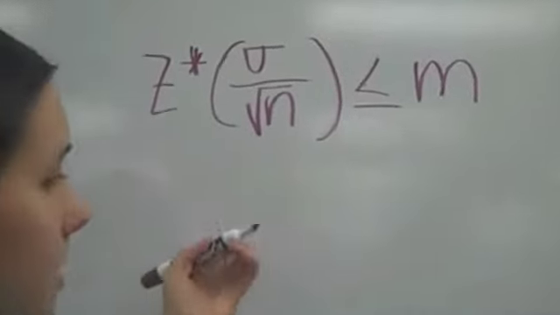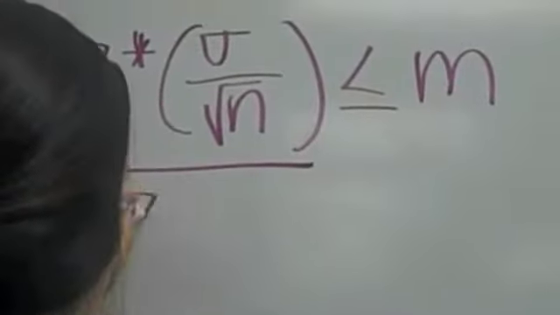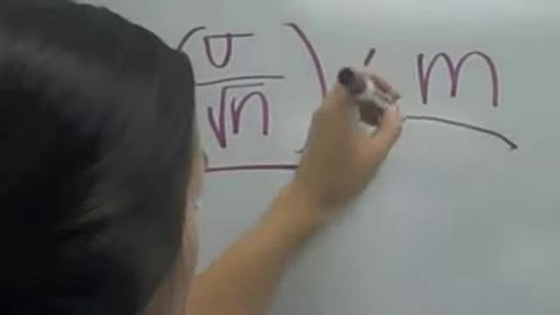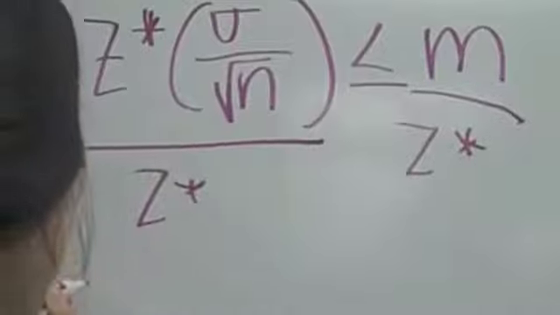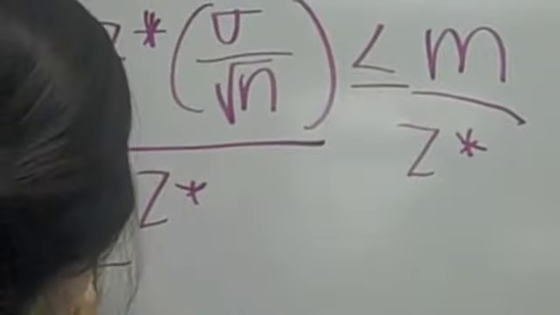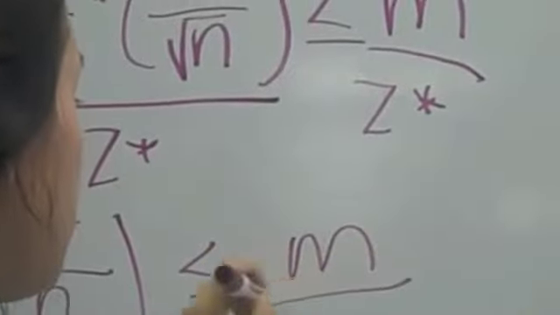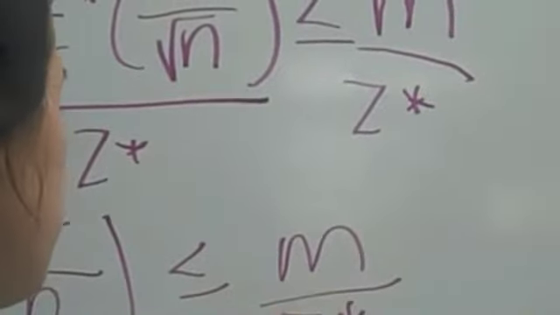First, we'll divide by the z star on both sides. And then we can cross multiply, so we'll multiply our sigma times our z star.